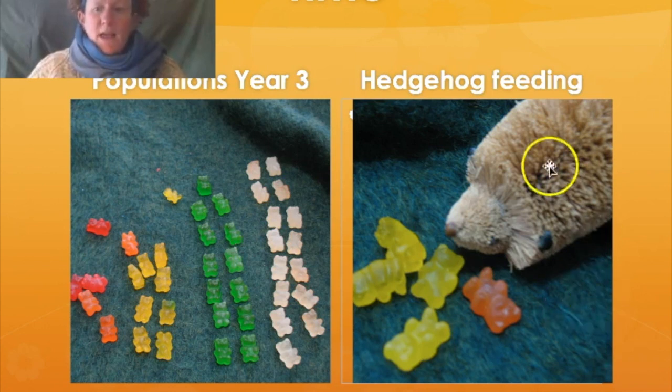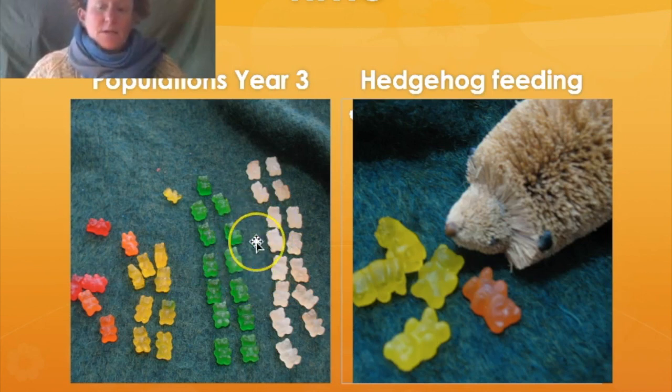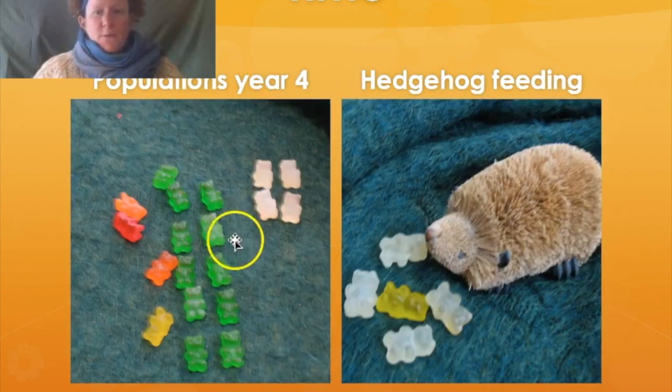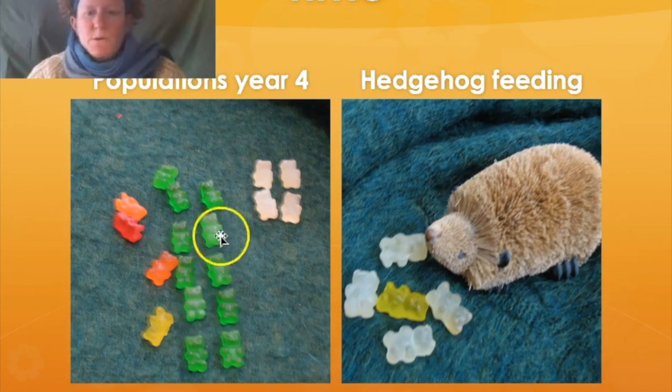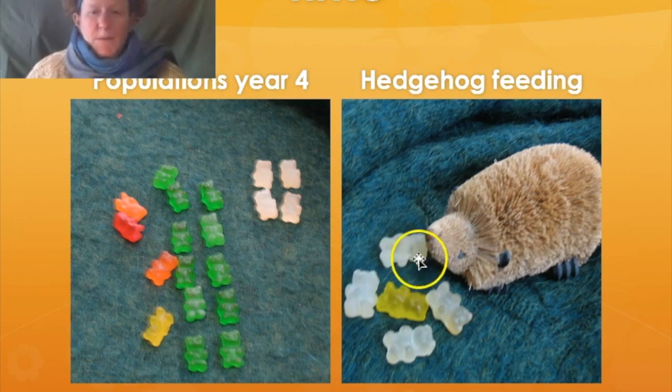So this hedgehog is selecting against the red, yellow, and orange gummy bears because it's eating them, and it's selecting for the green and white gummy bears here because those are the ones that survive. So by year 4, you might be down to just mostly green gummy bears, and the hedgehog might be actually eating white gummy bears because it can't find as many red, yellow, and orange ones.